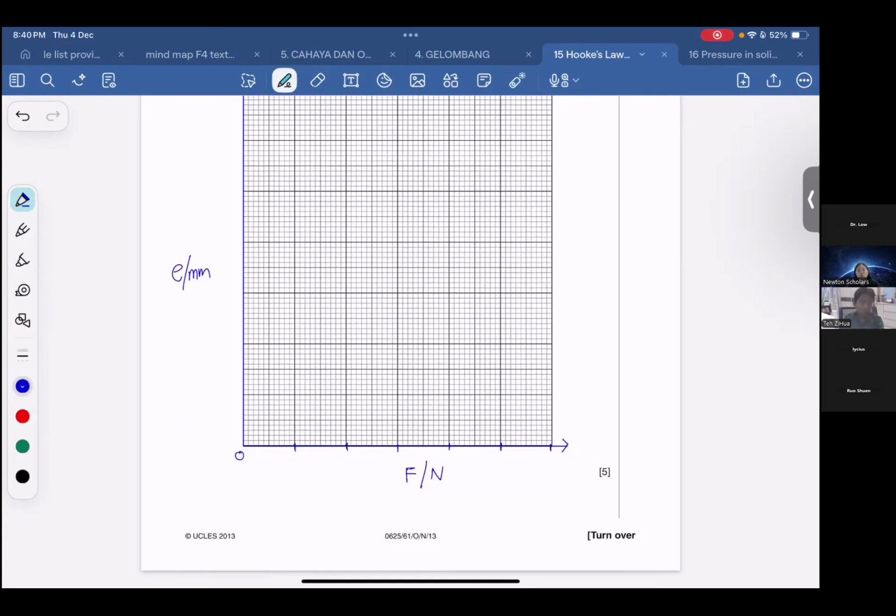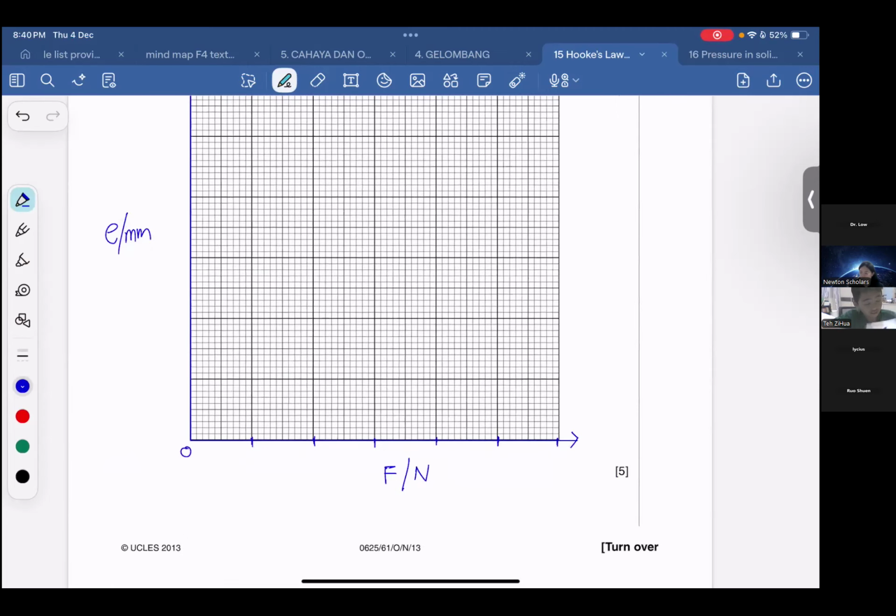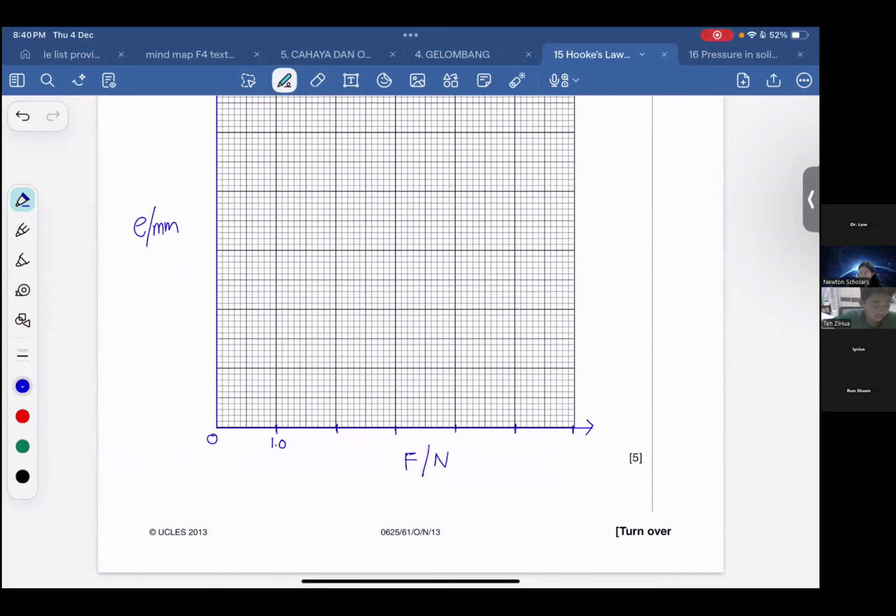Any of you can suggest a suitable scale for me? Okay, Crystal, nice. Crystal says we can choose 1.0, 2.0, 3.0, 4.0, 5.0, 6.0. Nice.